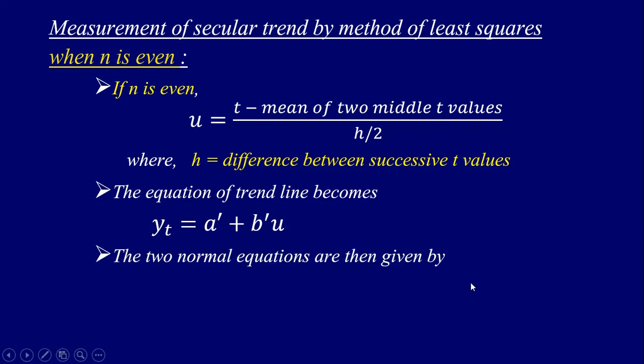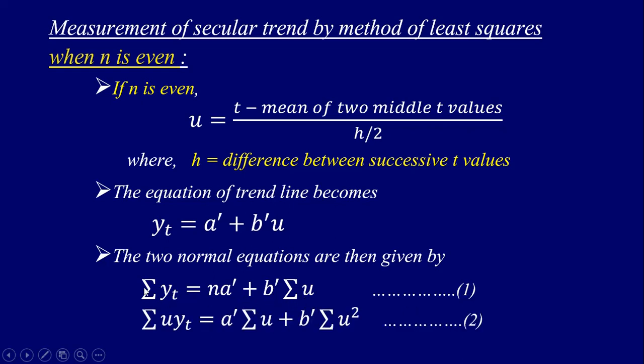The two normal equations are: summation yt is equal to n a dash plus b dash into summation u, which is the first equation, and the second normal equation is summation u yt is equal to a dash into summation u plus b dash into summation u square. Here yt is not y into t, it is suffix t. So these are two normal equations.